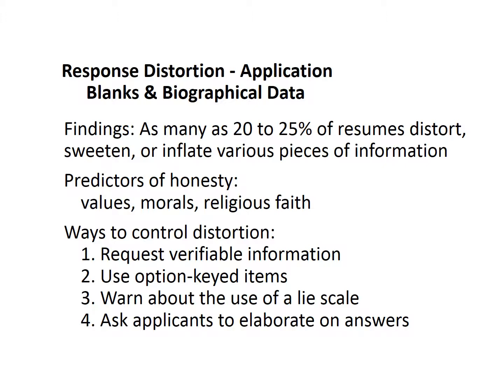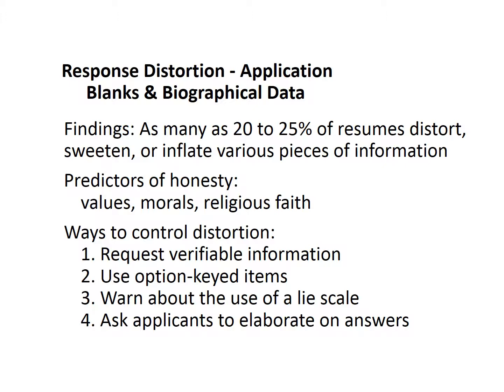So again, trying to determine how accurate resumes or biodata are is definitely an issue if we can find 20 to 25% of resumes are outright effectively lying. So some attempts have been made to make predictors of honesty, in other words, looking for values, morals, and religious faith, and all of these have been found to be related to the likelihood of someone lying.